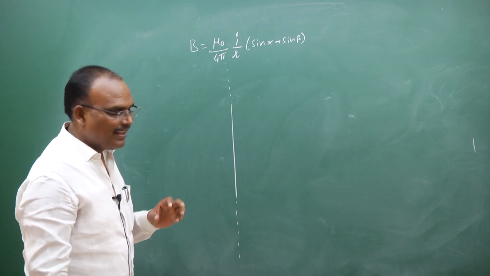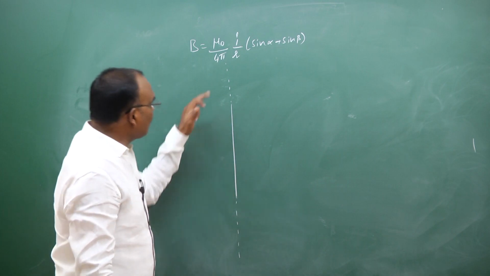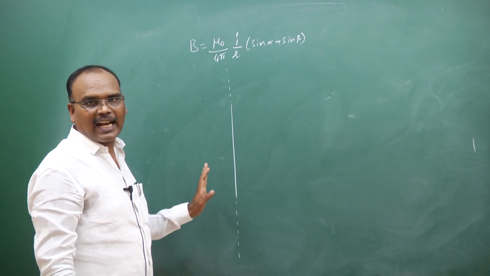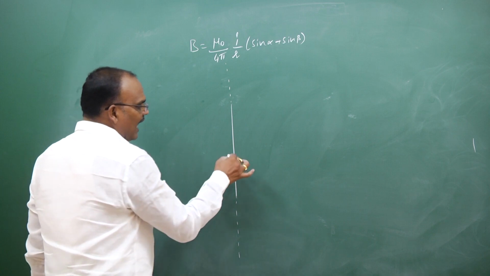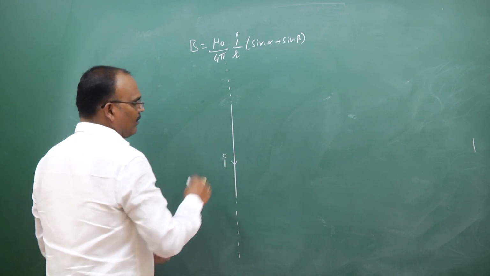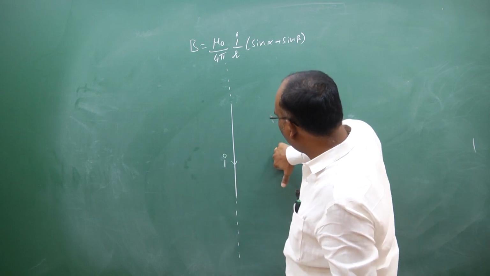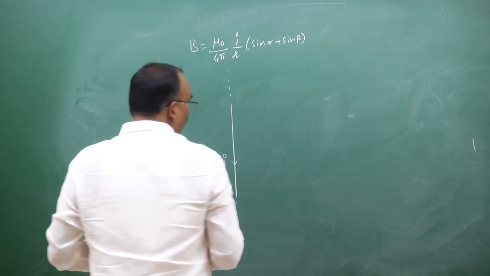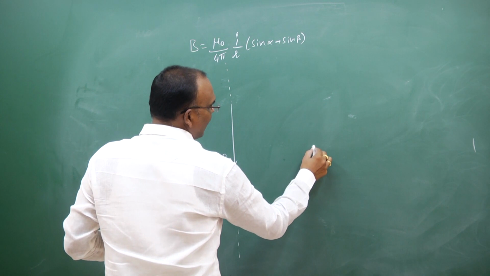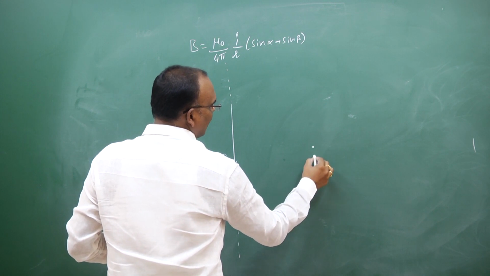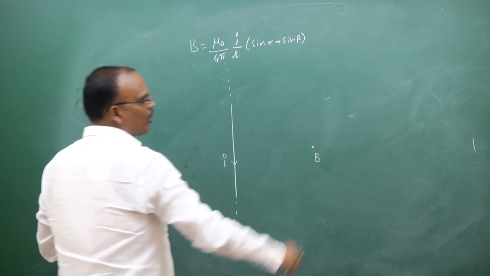It means this end I don't know, this end also I don't know. If it carries current downward, the magnetic field here is into the page, here is out. So now I would like to calculate the magnetic field at this particular point, say B.